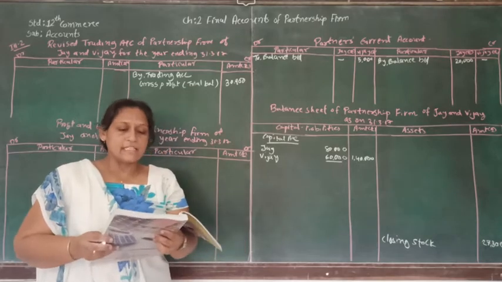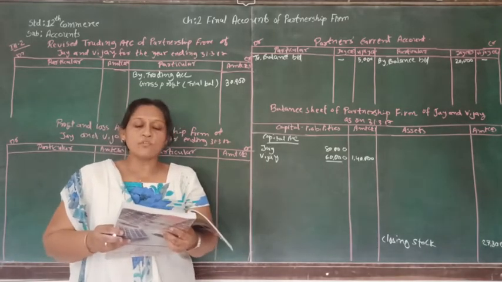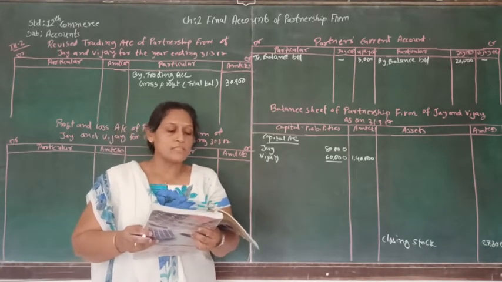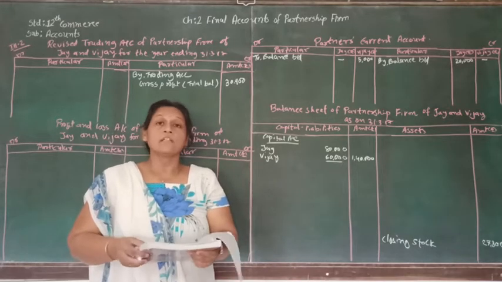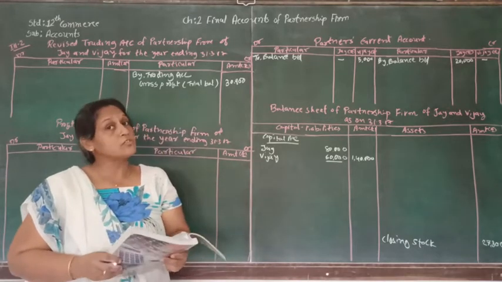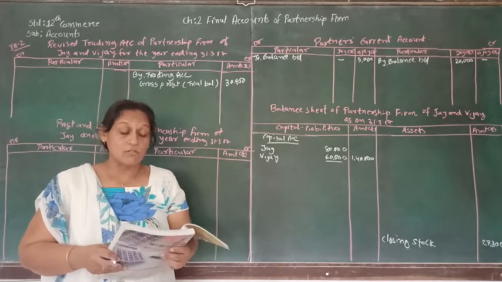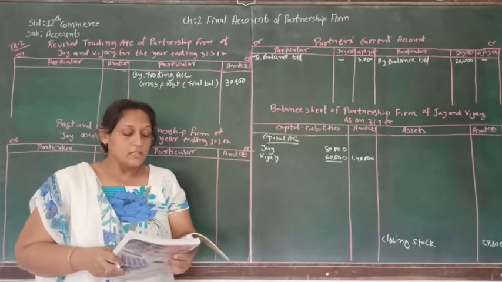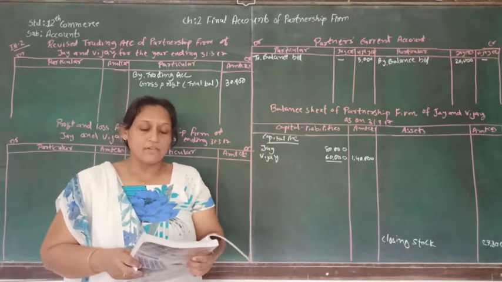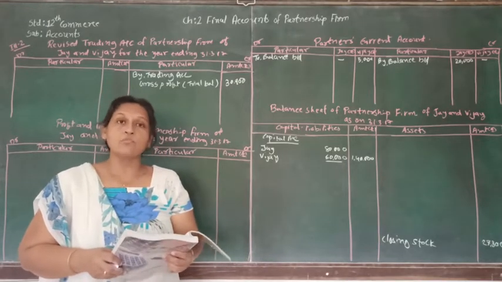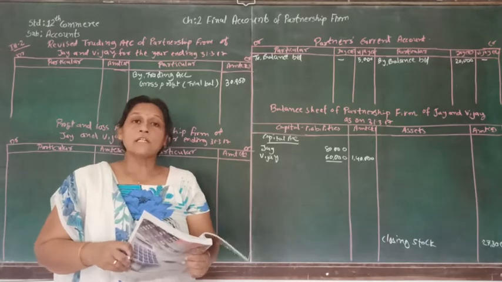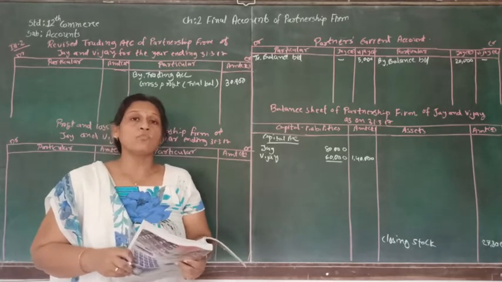Here again we can see adjustment number 2 and 3. Adjustment number 2 is that Jay withdrew goods of rupees 2,000 from the business for his personal use. That is also supposed to be adjusted to the revised trading account. Another one is goods of rupees 4,000 purchased on credit on 28/3/17, which is not recorded in the books of account. So the purchase remains to be recorded.